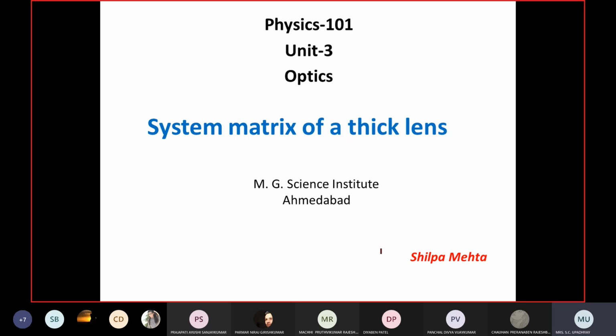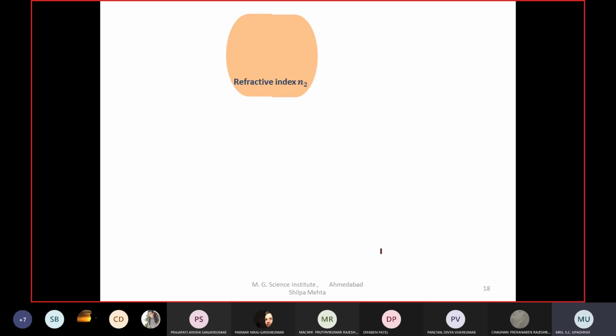So we have to consider a very, very basic optical system, and that basic optical system is a thick lens. Let us consider this is our thick lens. The material from which we make this thick lens has refractive index n2.